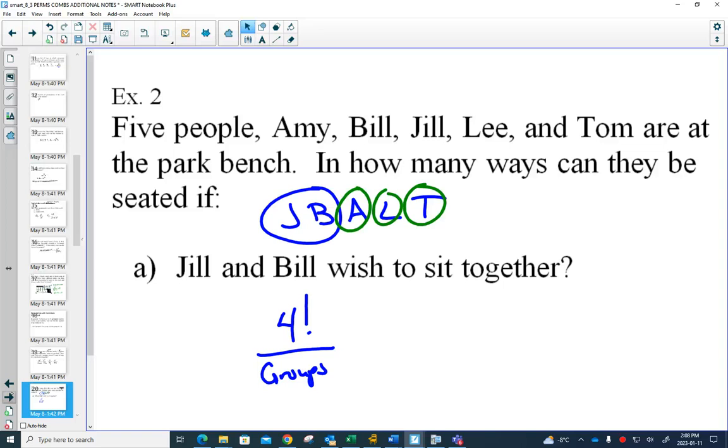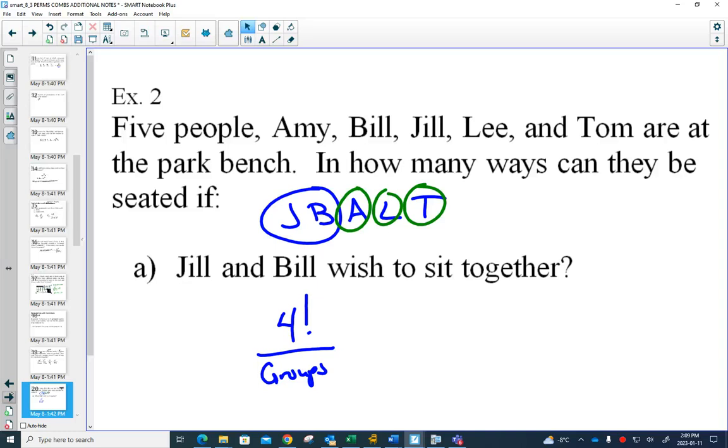Just say, that's the Jill Bill. The Jill Bill is going down the hallway. You refer to them in singular because they're now 1 entity that never separates. So if you were thinking of the Jill Bill as a single person, this is like rearranging 4 people on the park bench because you have Amy, Lee, Tom, and Jill Bill.